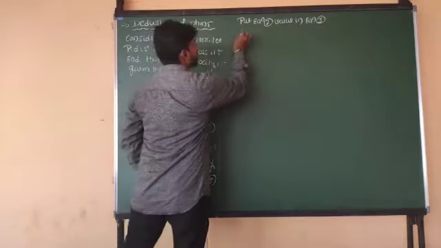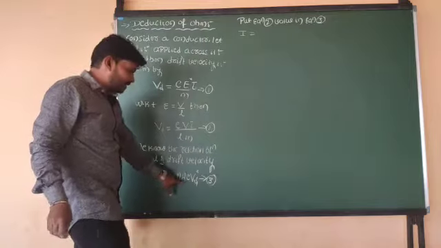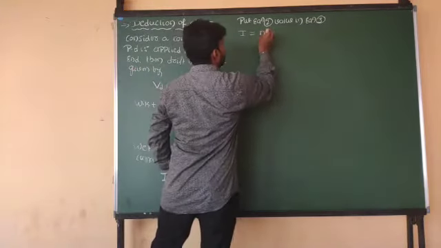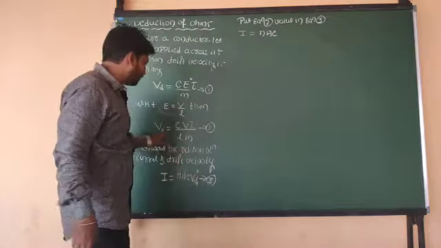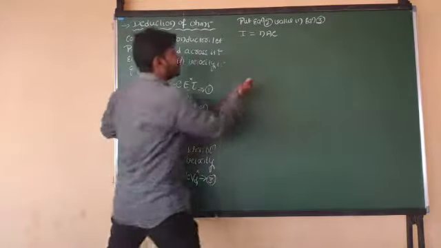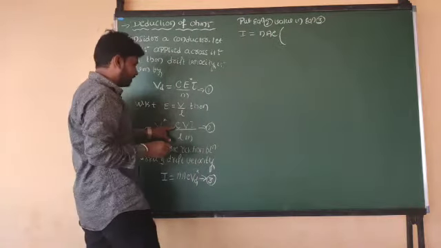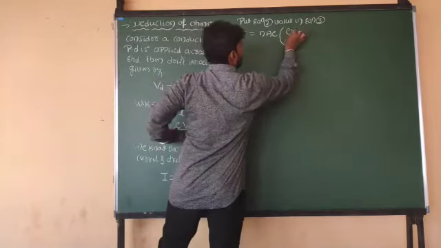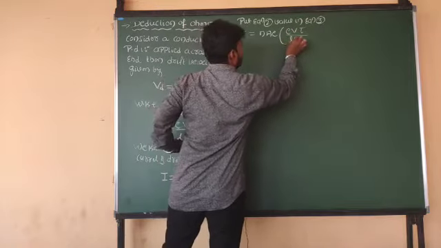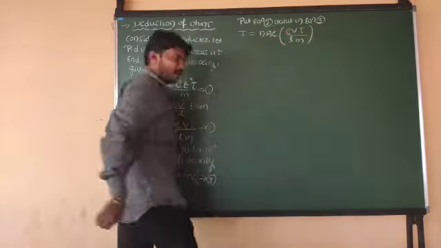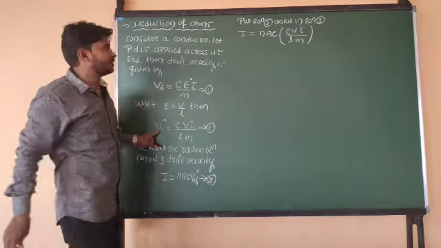Then equation 3 becomes I is equal to nAe. Wherever vd is there, I will take eVτ divided by Lm. Here vd means drift velocity, where V represents the potential difference.